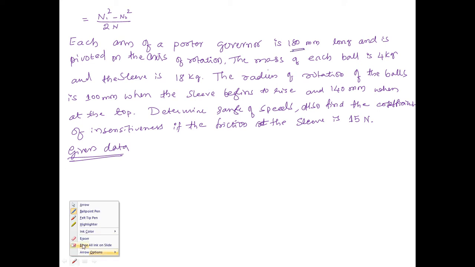It is a Porter governor, so first draw the diagram. If you draw the diagram, then 25% of your work is over.